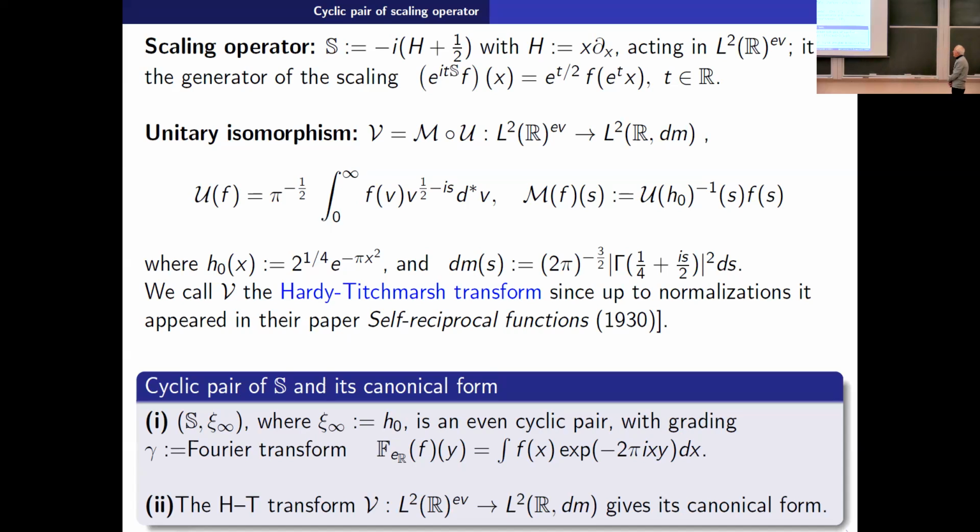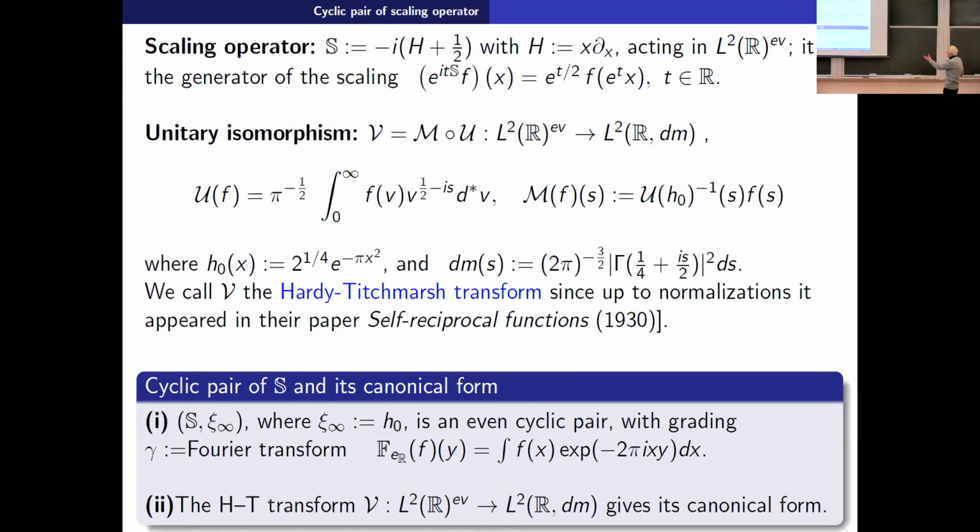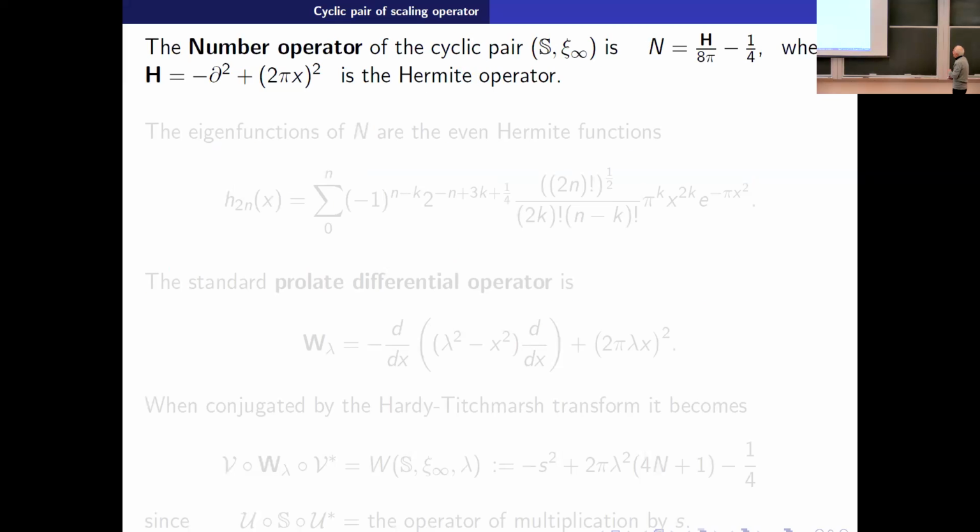And the Hardy-Titchmarsh transform V puts this cyclic pair in canonical form. So what does it mean? It means that it will take D into multiplication by S, and it will take these Hermite functions to give an orthonormal basis for the operator after completing with the number operator.